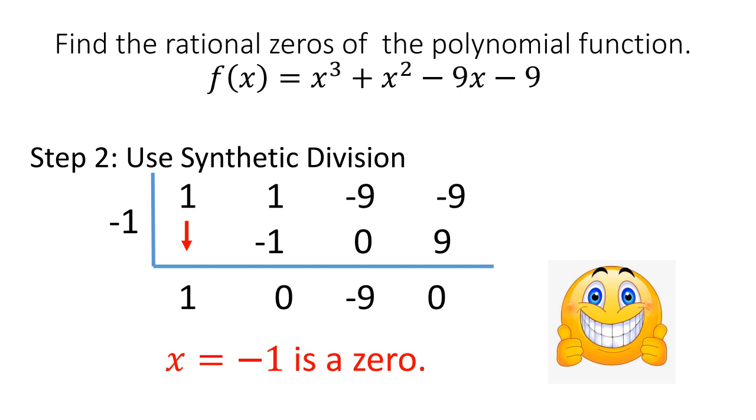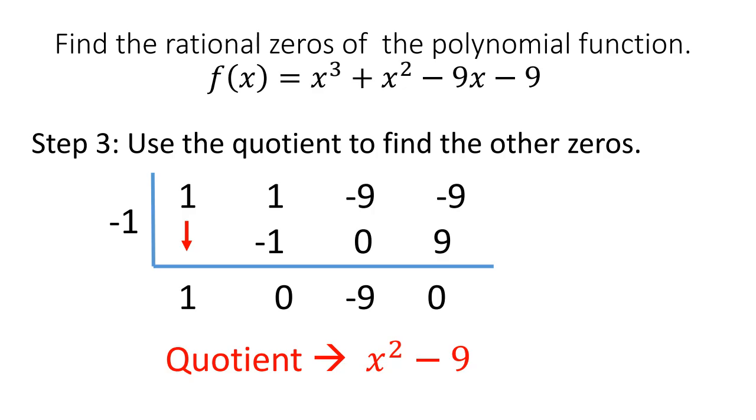So now what we can do is, since we simplified this cubic, I grab the quotient, which is this bottom answer here. I have x squared. I lost a degree when I do division. I have x squared plus 0x minus 9, my constant. And I have simplified to something that I can solve.